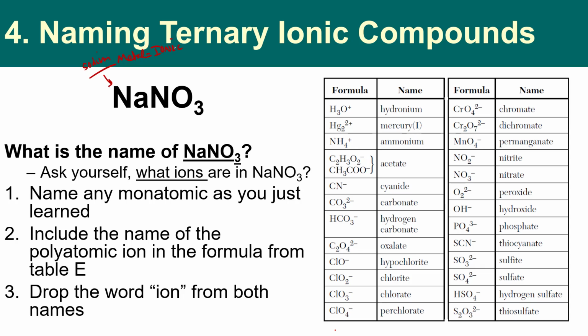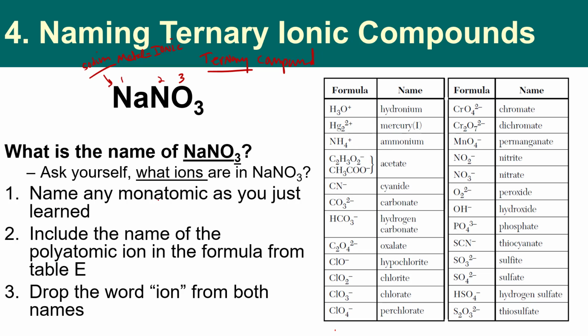But is it binary? The fact that I have more than 2 types of atoms in there tells me this is not binary. I have 1, 2, 3 different types. That tells me this is a ternary compound. So I have to name this a little bit differently because now I have a polyatomic ion in there. To name it, there is a 3-step process.